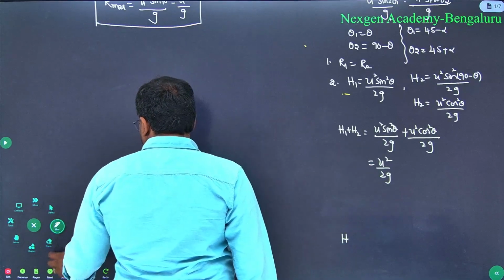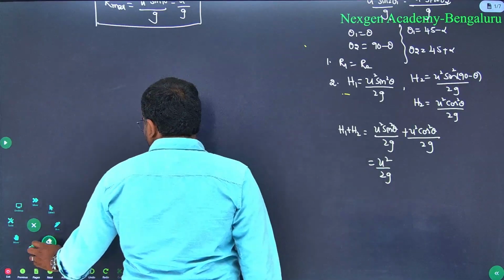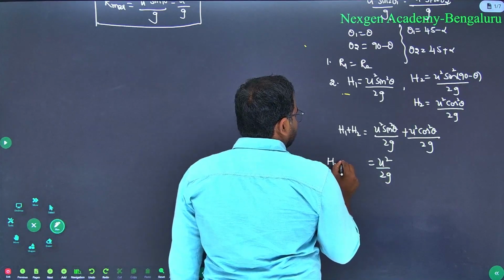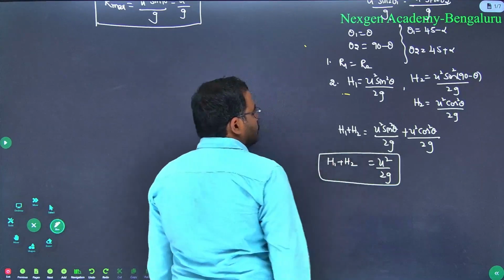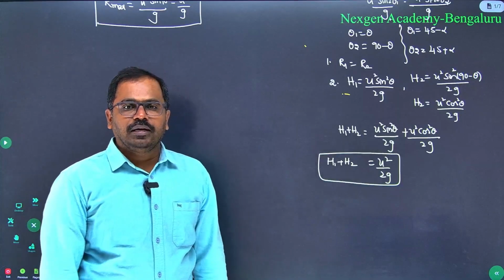Therefore H1 plus H2 is equal to U square by 2g. That's the second conclusion on complementary angles.